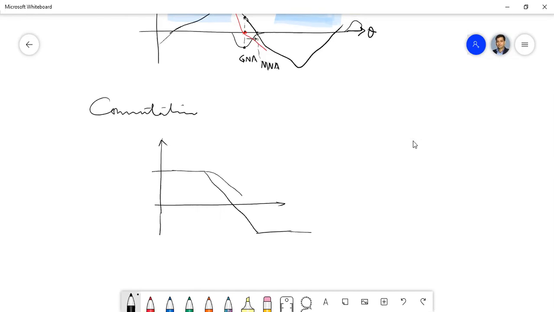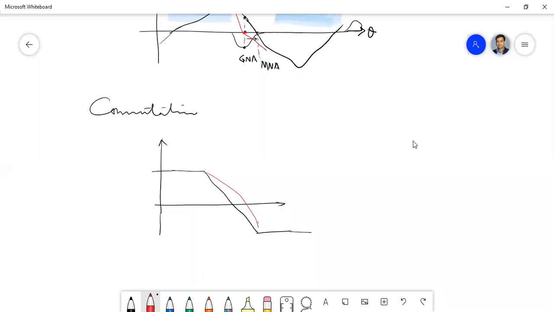So what we have is this kind of delayed commutation. Did I mention this? Yes, sir. Okay, so let me draw this curve properly, otherwise you don't understand.